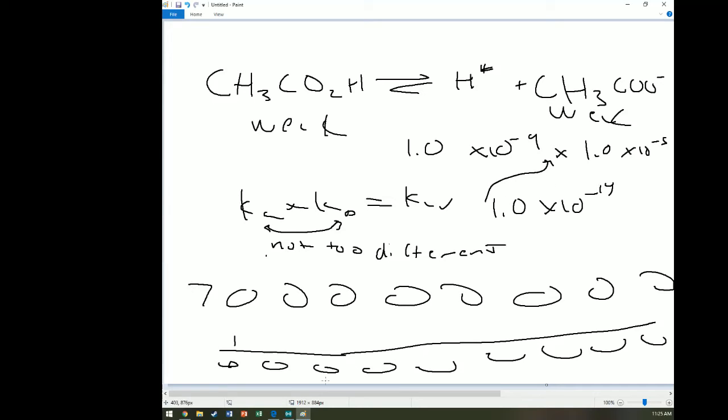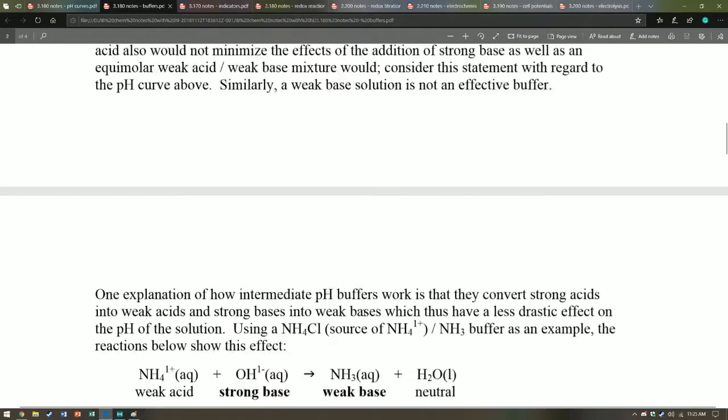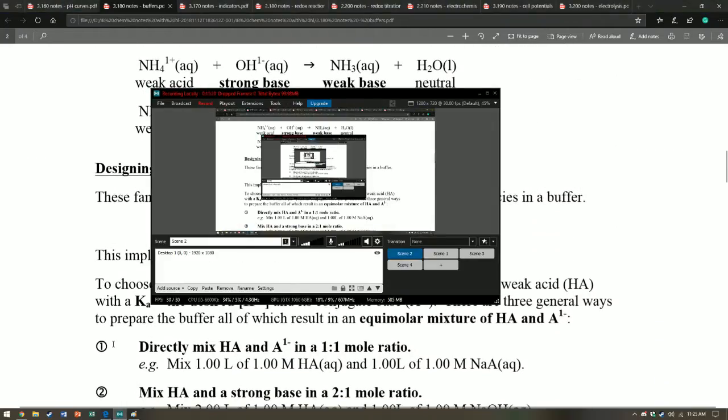And therefore, they will affect the pH. However, going from one to the other will not cause the pH change to be nearly as drastic, is sort of the point. Now, how do we design buffers in the real world, right?